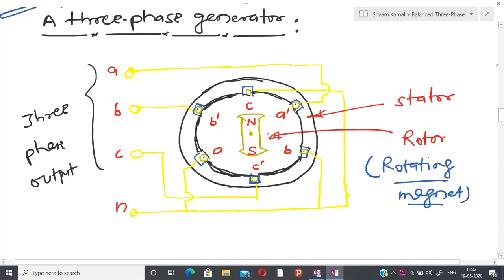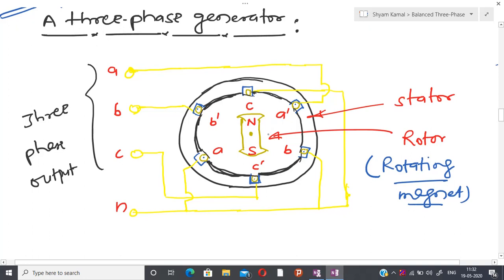So in this way, by seeing this particular cross section, one part is going in and another part is going out.